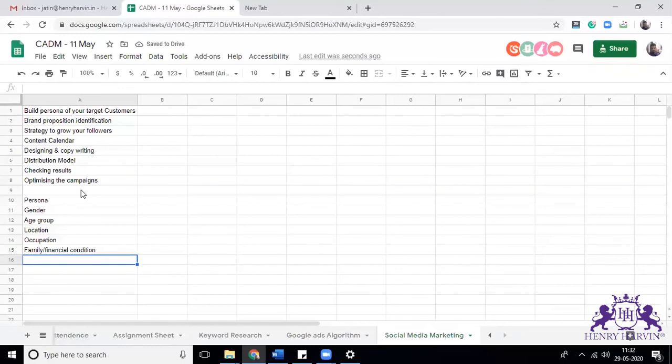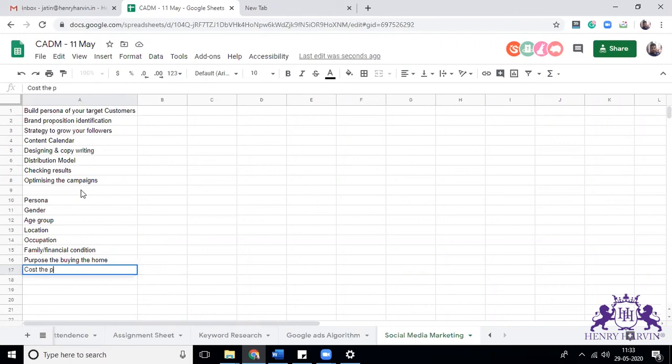And in this case, also the purpose of buying the product. You can think beyond that as well. Buying purpose you can identify, or the cost of the product.